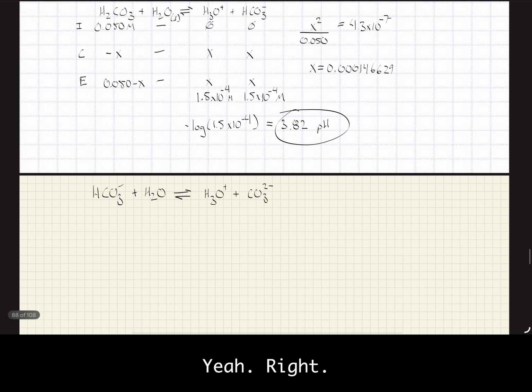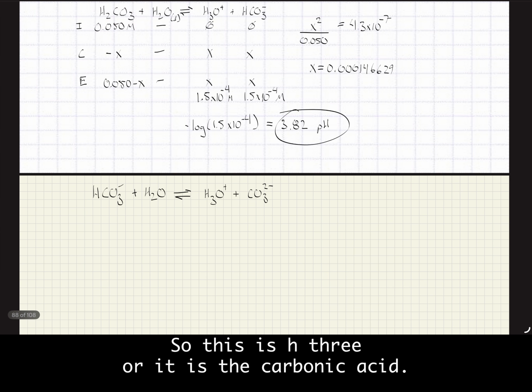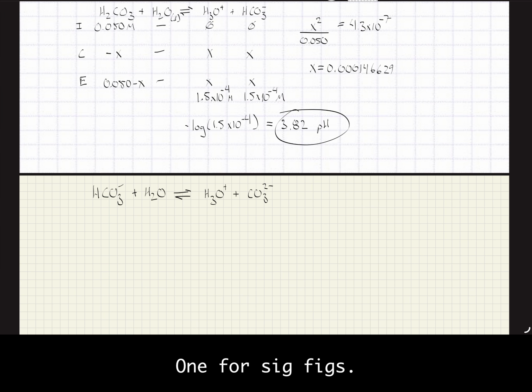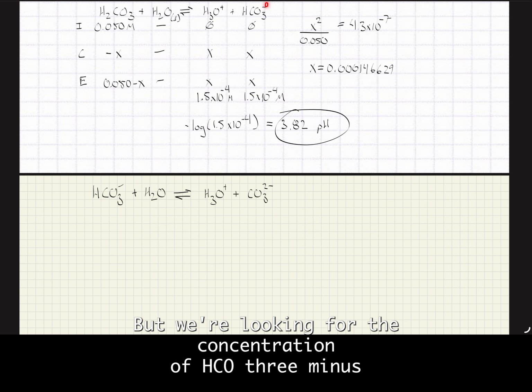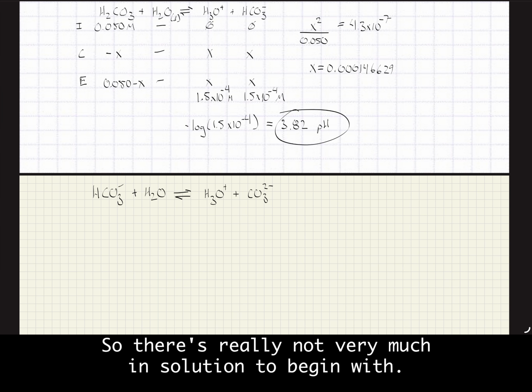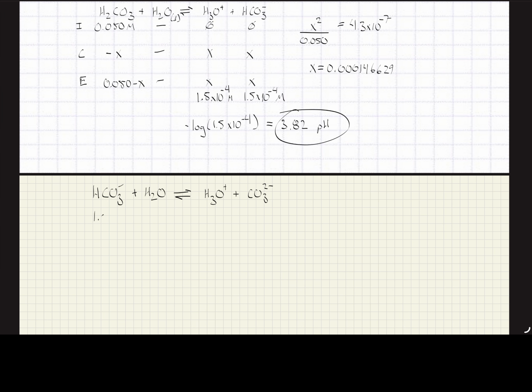Yeah. Right, so this is H2CO3. This is the carbonic acid. So yeah, if I subtract that, again, it is going to be a negligible amount. Won't affect it for sig figs. But we're looking for the concentration of HCO3 minus, which is over here. So there's really not very much in solution to begin with.